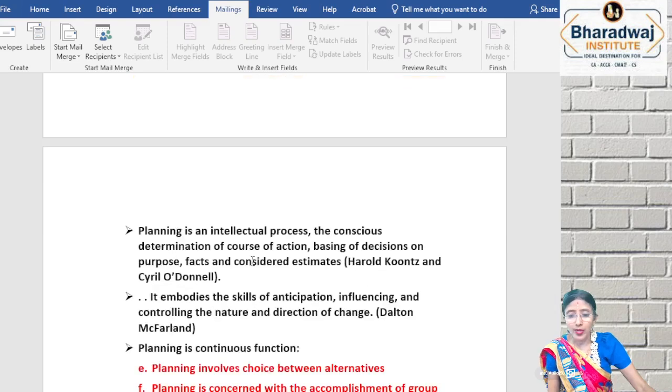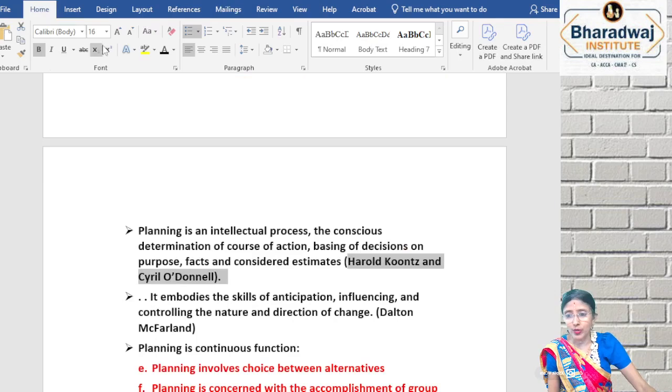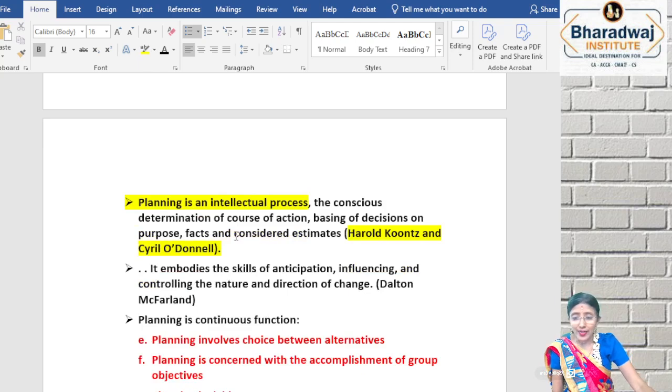Remember that point. Okay. Planning is an intellectual process, Koontz and O'Donnell, favorite question of the examiner. First one is a complicated question. Planning as an intellectual process was given by Koontz and O'Donnell. Then it embodies a skill of anticipation, influence, and controlling, given by whom? Dalton McFarland. He has done a lot of work on planning. That's why I took his.